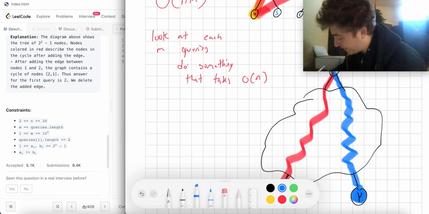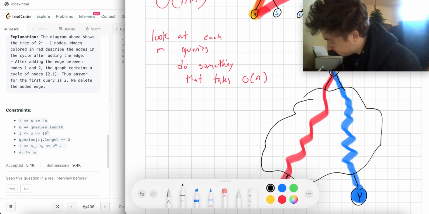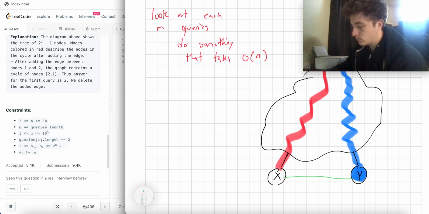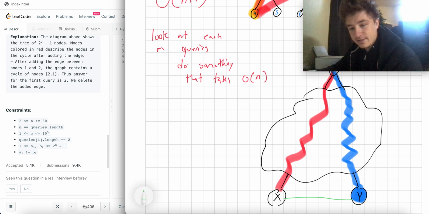So if I was to connect X and Y here, at some point these things would have to meet across X's path or Y's path.